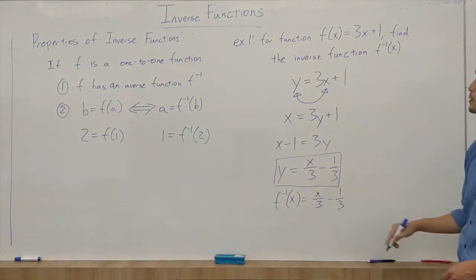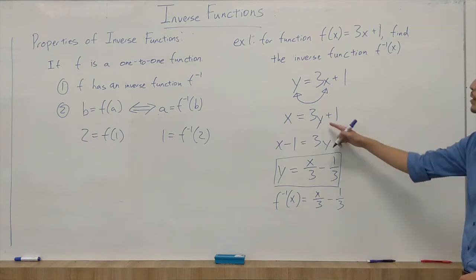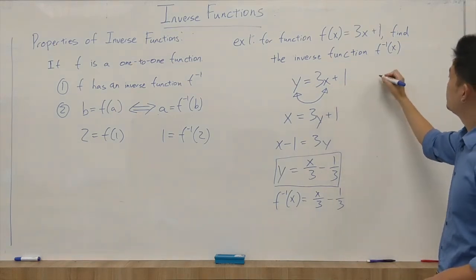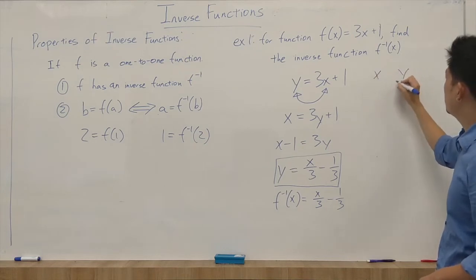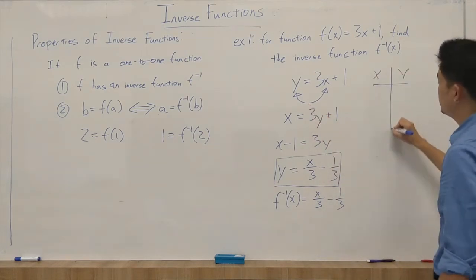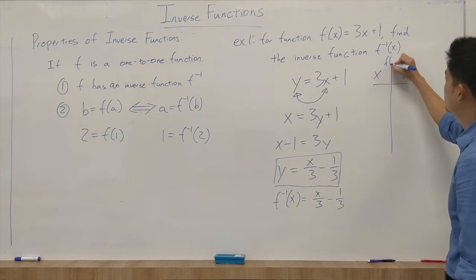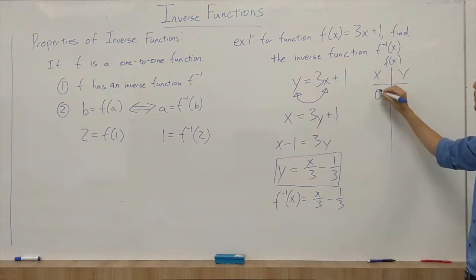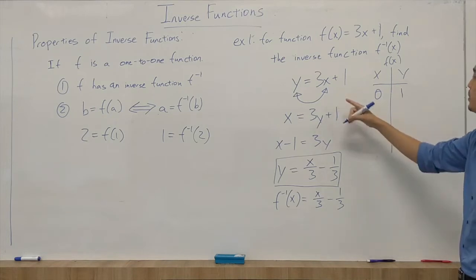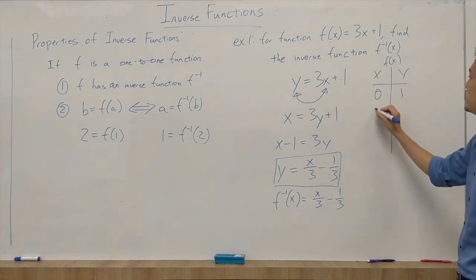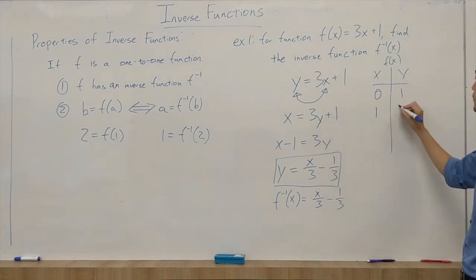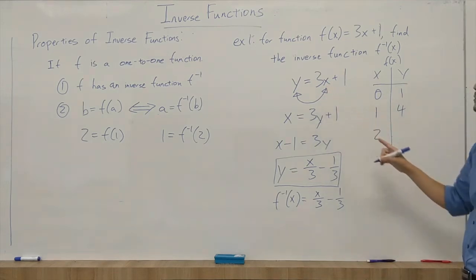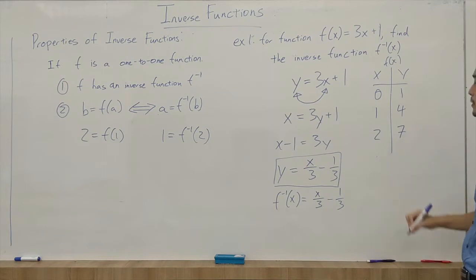That's my inverse function. And we can do a quick check. Let's do a little xy table for the original function, f of x. If I plug in 0, what am I going to get? I'm going to get 1. If I plug in 1, what am I going to get? I'll get 4. And if I plug in 2, what would I get? 2 times 3 is 6, plus 1 is 7.